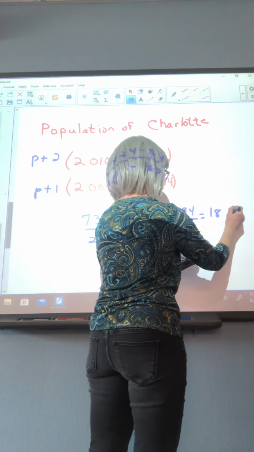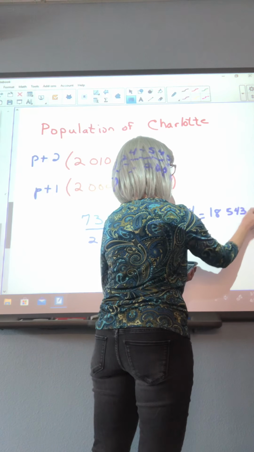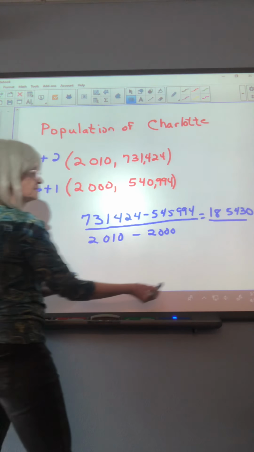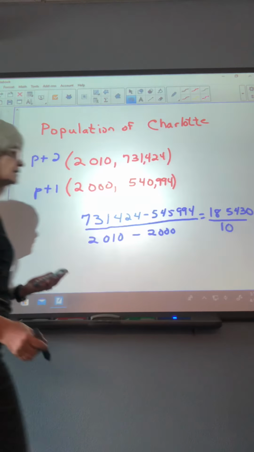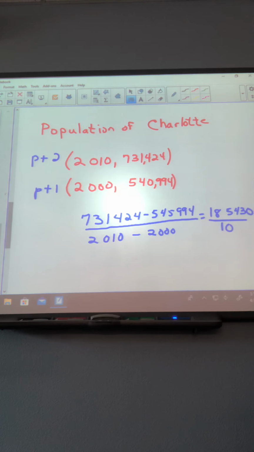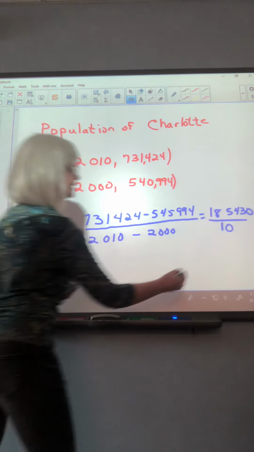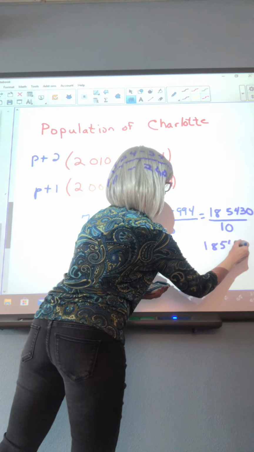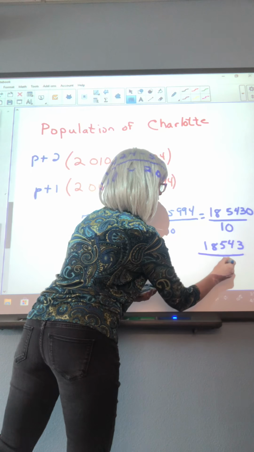I got 185,430, and then of course 2010 take away 2000 is just going to be 10, so over 10 years. So our rise would be 185,430, our run is 10, and if we want to know the rate of change per year, we would divide by 10, and we would get 18,543 over 1.